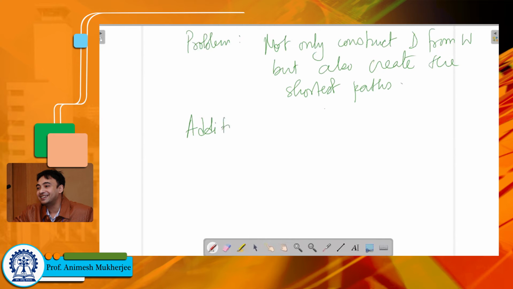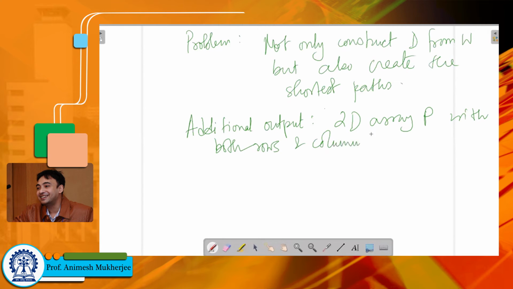This is an additional output, which is a 2D array P, with both rows and columns running from 1 to n and is defined as follows.